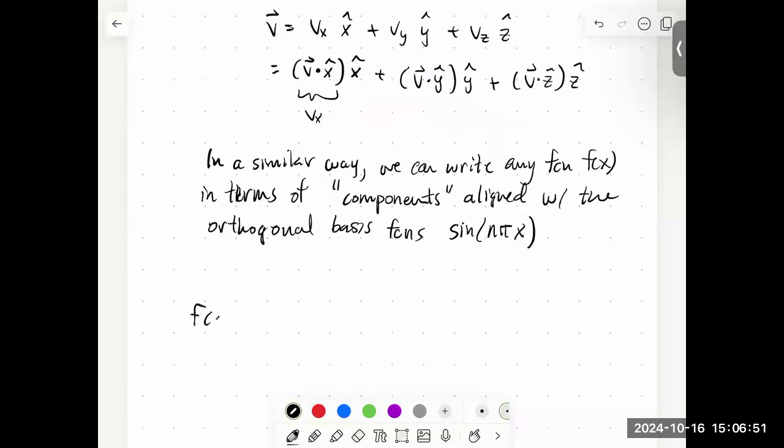Okay, so what's it going to be? My f of x will be, let's see, dot product with a basis vector. Okay, so I'm going to switch that to an inner product. And then my first basis vector is, say, sine of n equals 1, so pi x. I evaluate that inner product and then multiply by the basis vector.